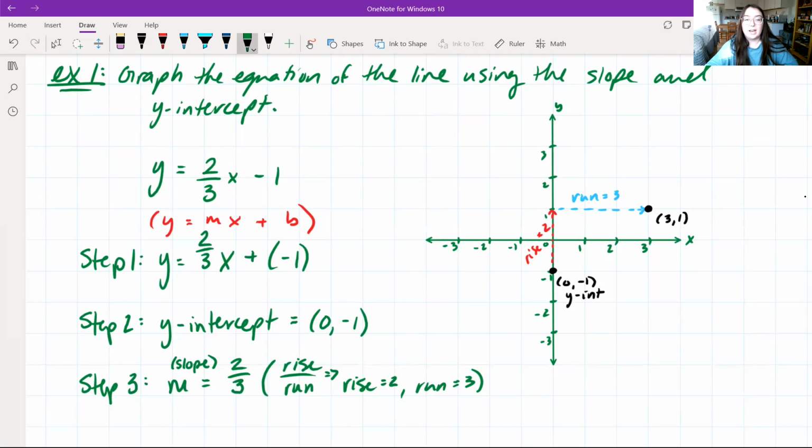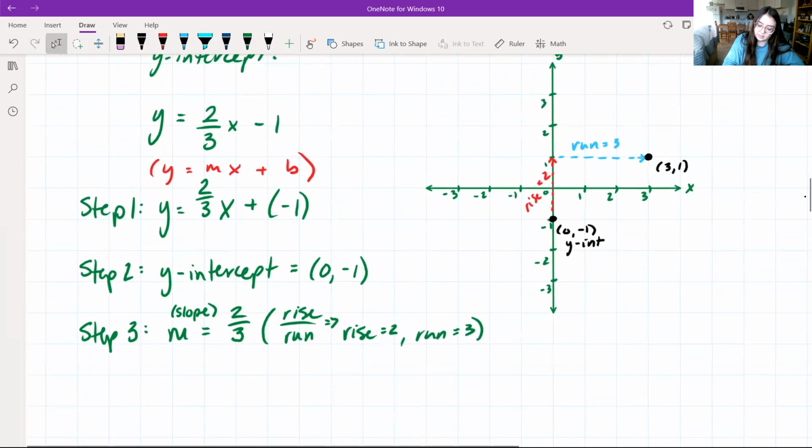And now our last step, step 4, is that we just want to connect our dots and draw our line. So as best we can, we connect our dots.